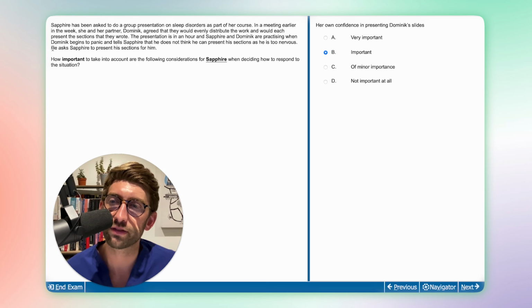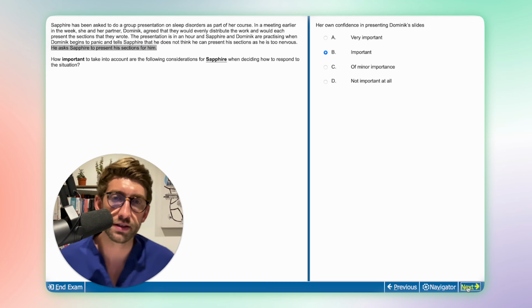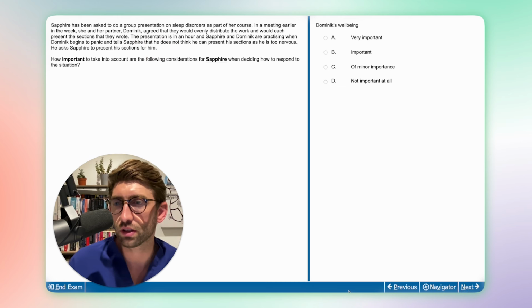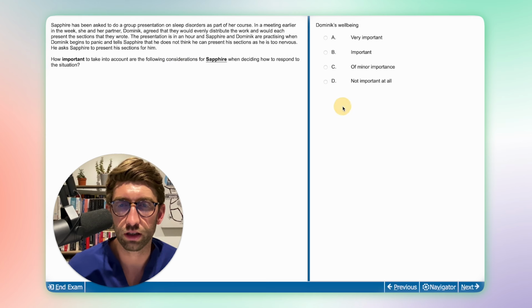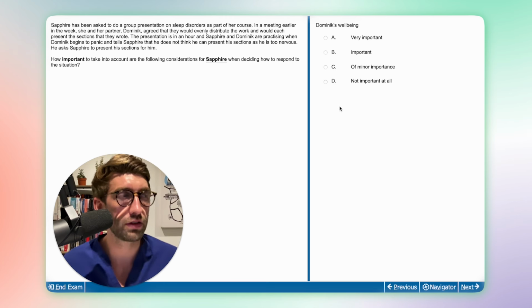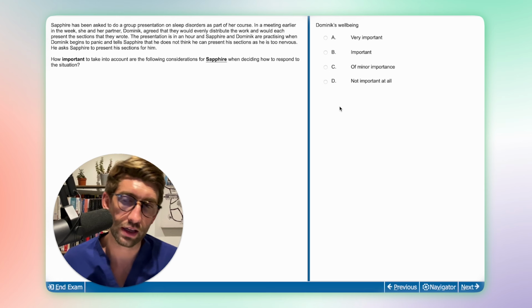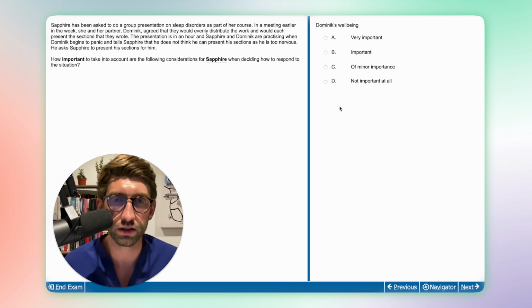He asks Sapphire to present the sections for him. Okay, fine. So, how important is Dominic's well-being in the context of this situation? I would say it's, again, important, right? If he's not doing it because he's unwell, it does change it slightly.